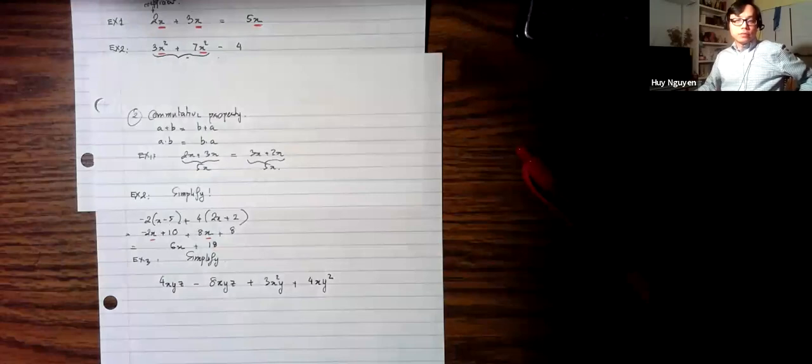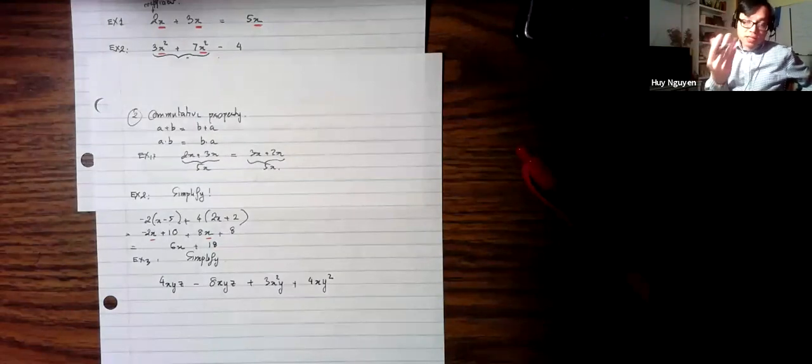How many terms here? We have 4 terms, right? I don't want you to look at each term locally, because then you could find how many factors are in that term. But right now, I want you to look at it as terms.